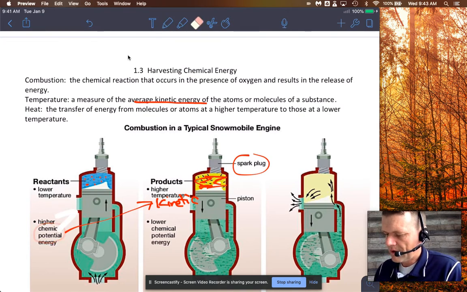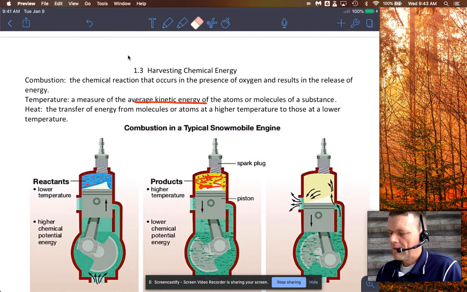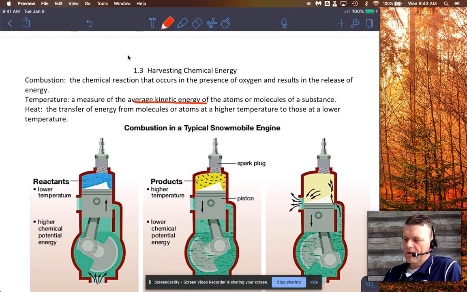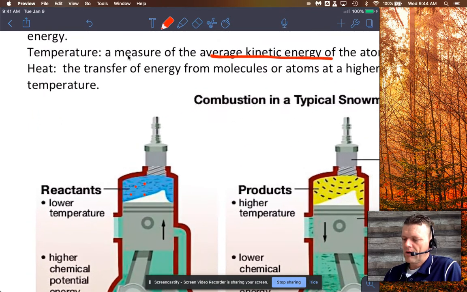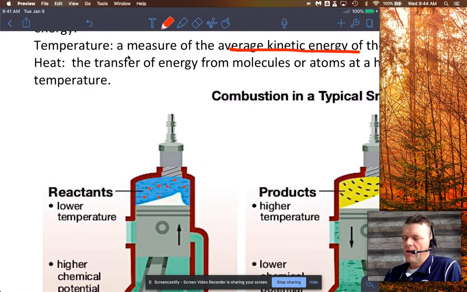Hopefully this little example will help you separate them. Let me just erase this so I can talk about it. The point is that in a typical engine, an internal combustion engine, you have particles of gas. So there's particles of gas in here, and they are there at a low temperature.